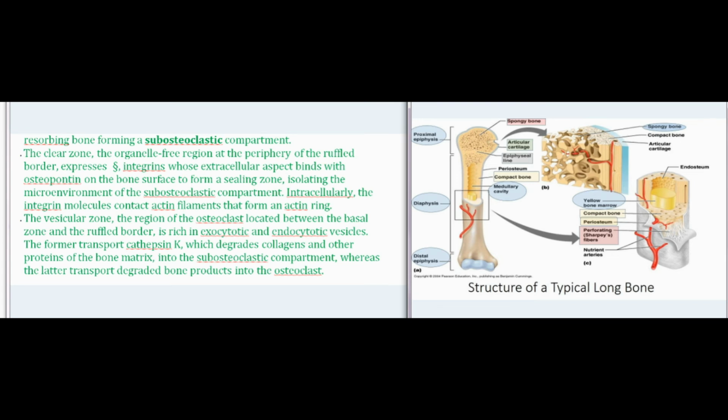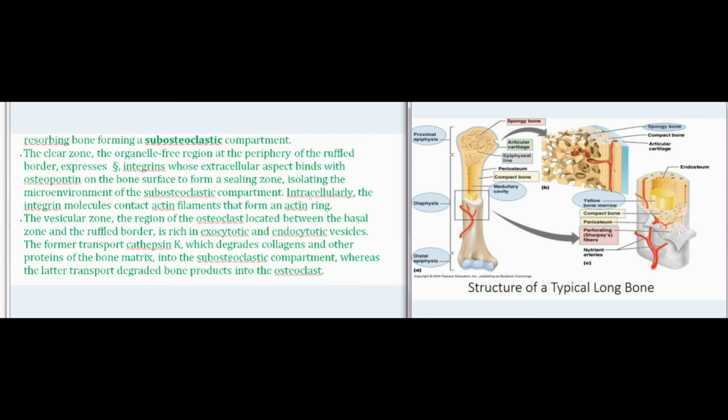The clear zone, the organelle-free region at the periphery of the ruffled border, expresses integrins whose extracellular aspect binds with osteopontin on the bone surface to form a sealing zone, isolating the microenvironment of the subosteoclastic compartment. Intracellularly, the integrin molecules contact actin filaments that form an actin ring.